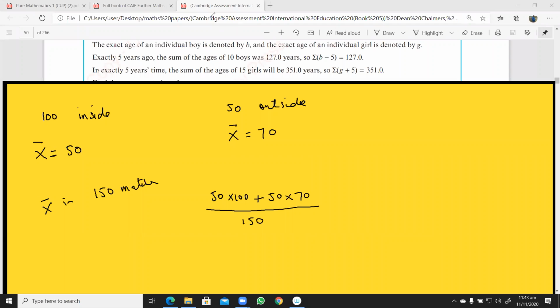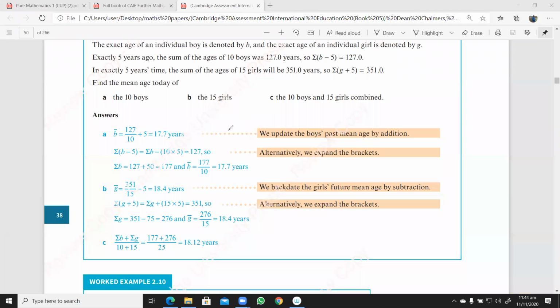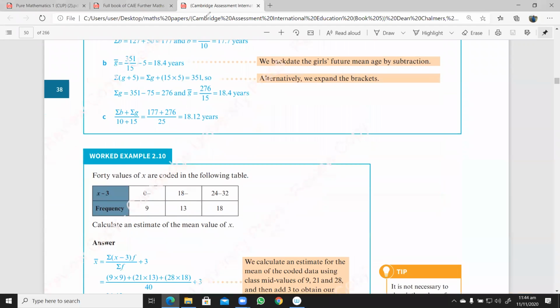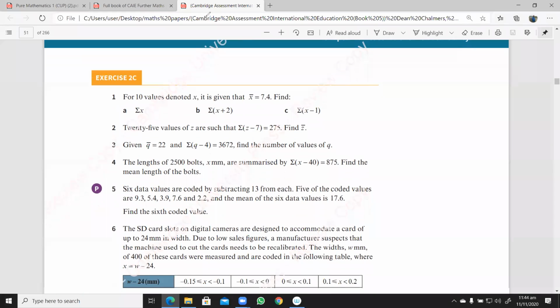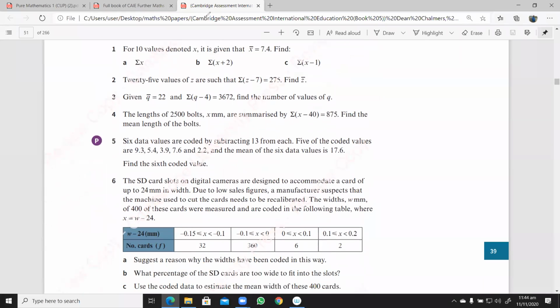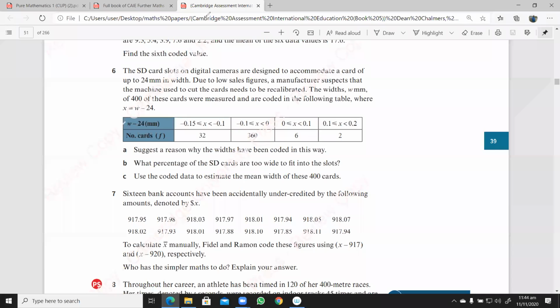So I'm going to go back, Bacho, to this coded data topic. Though I have explained this, it will be more clear when we solve the past paper questions on coded data. Right now, if I take you back to this exercise, I don't see very good questions over here.